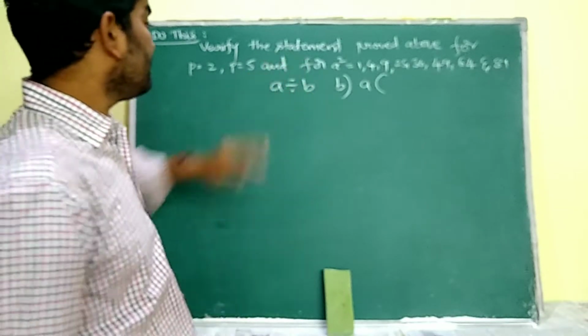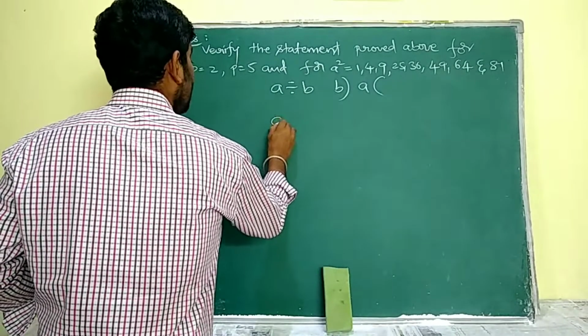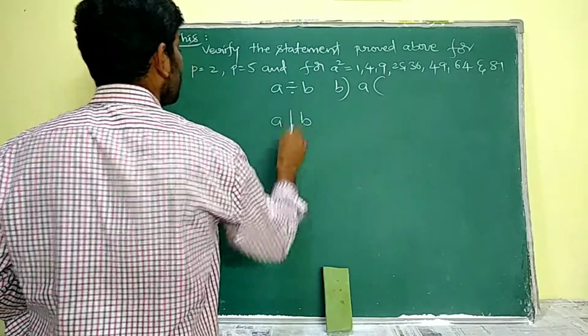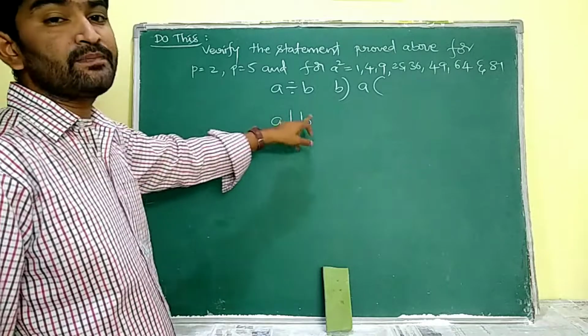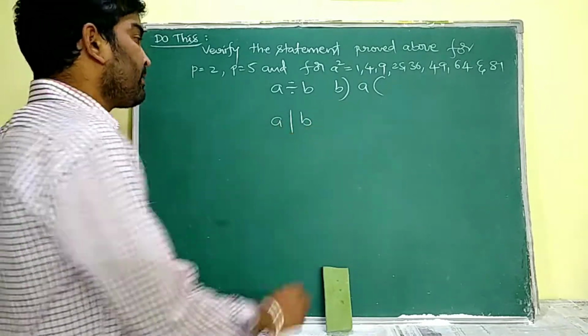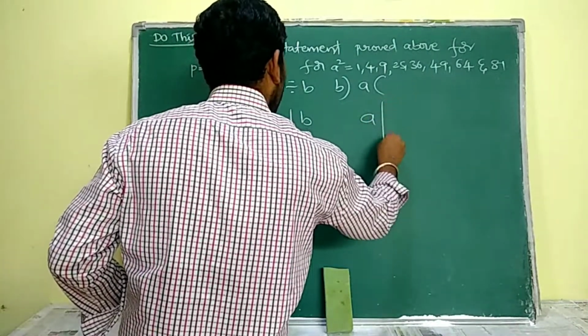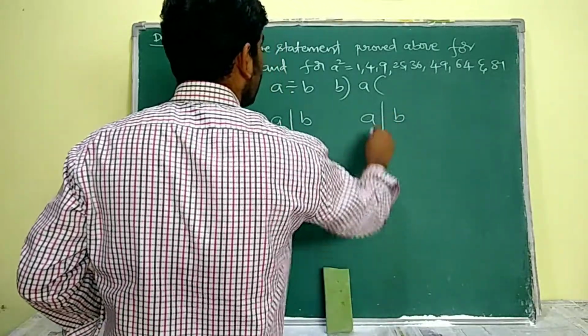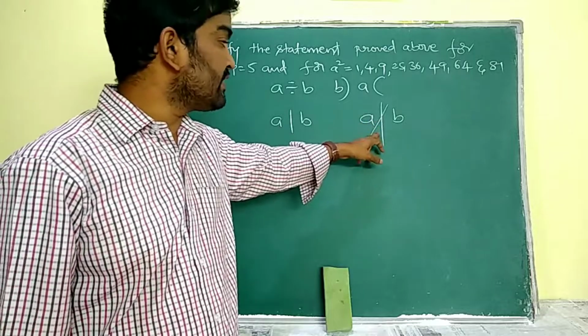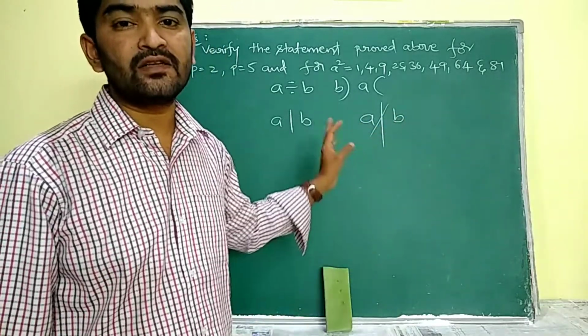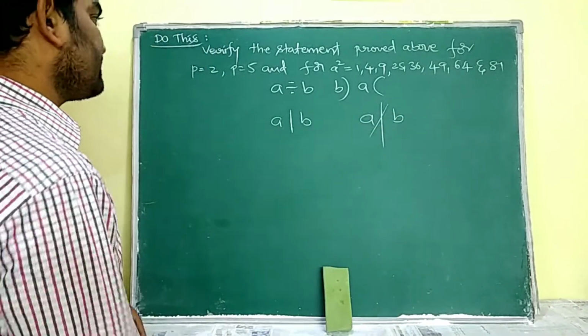Next, another representation is a modulo division b, which means a divides b exactly. If a does not divide b exactly, then it can be expressed as a not modulo division b. These are the two different representations of division.